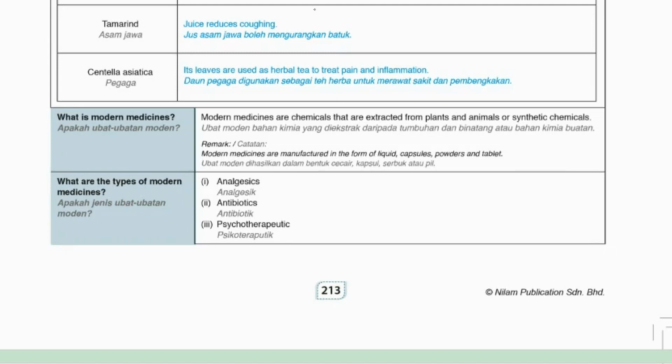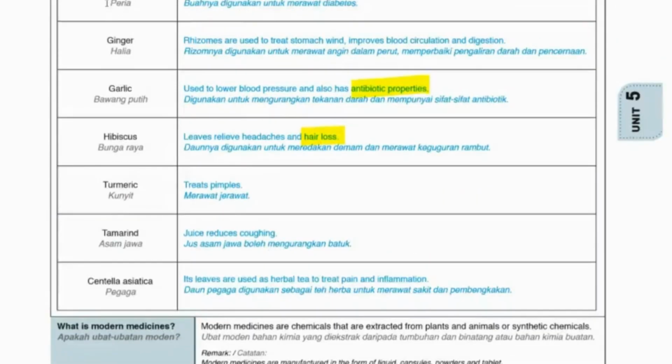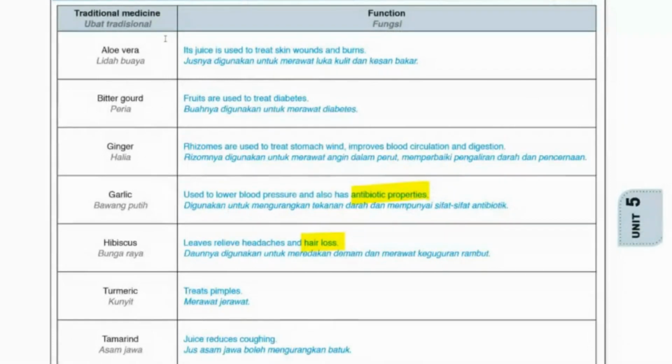And it undergoes a very scientific preparation, compared to traditional medicine. Let's say the aloe vera. Aloe vera we just take directly, and then we use it to treat the skin, right? So this one is a traditional medicine. So you can differentiate that.